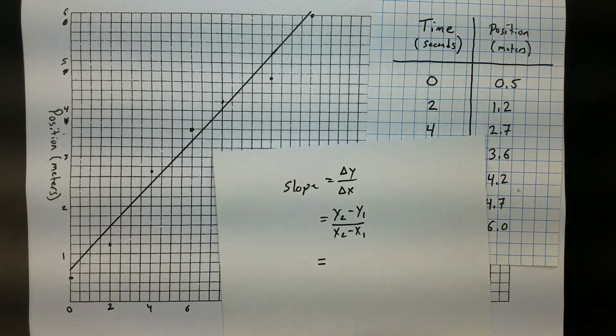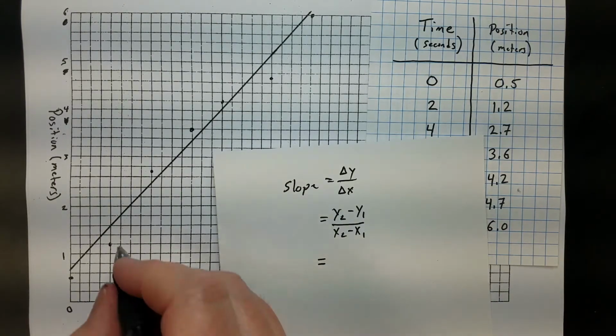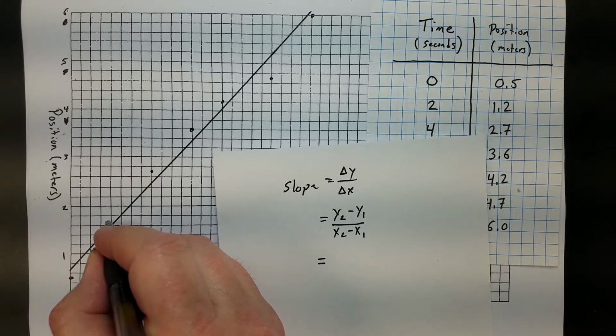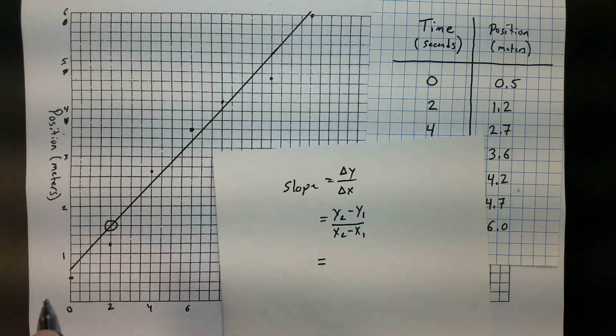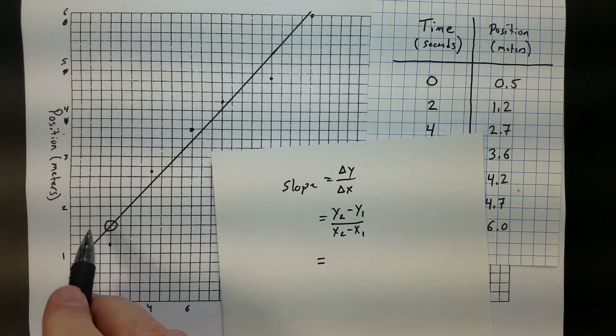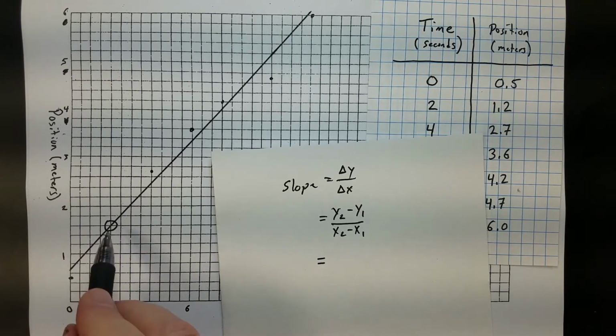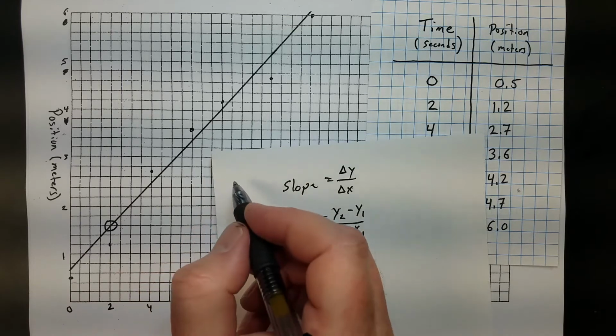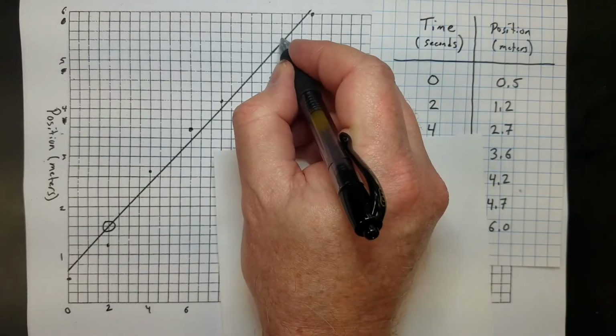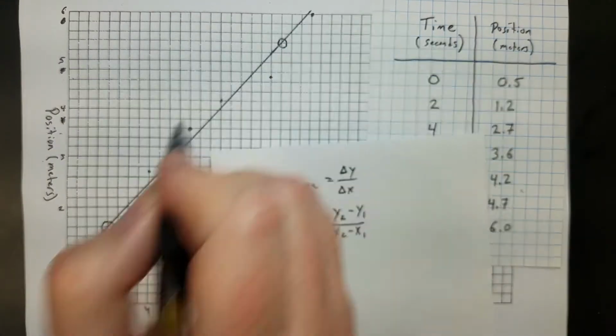So what I prefer is to look for data points like this one, where your line actually crosses the horizontal and vertical lines in the graph, so we can tell exactly what that point is on both sides. And you want to pick them as far apart from each other as possible. So my other one I like is this one here.